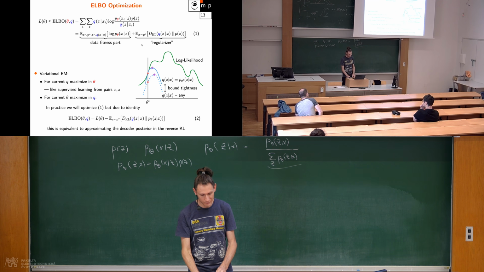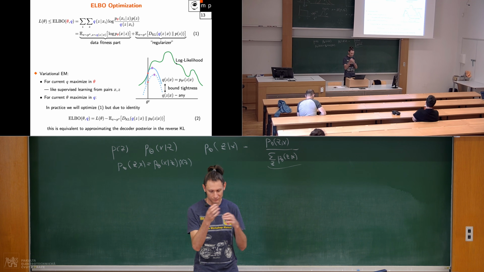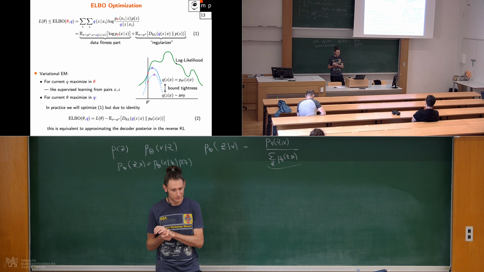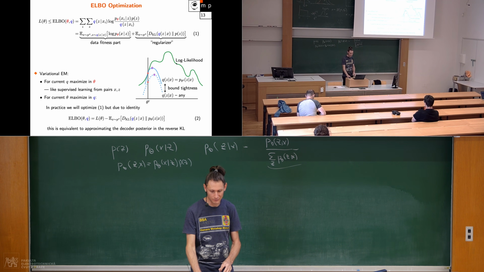The useful interpretation of this alternating maximization in the decoder and the encoder is the following. Suppose this green line is our likelihood function, and the lower bound is this blue line. So for any choice of this Q, for any choice of the encoder, we have a lower bound, right?